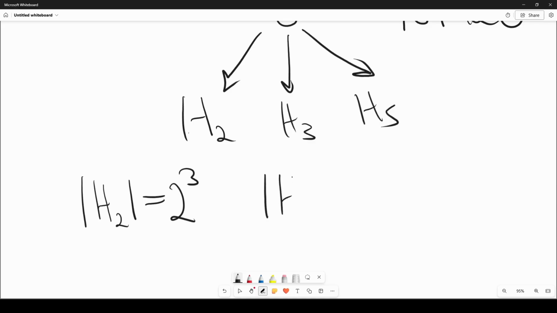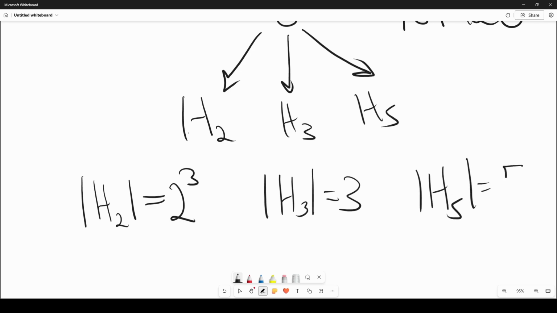The size of H3 could be 3, and the size of H5 could be 5. Now, to be fair, for this example, from Cauchy's theorem, we actually already know that H3 and H5 exist, because we proved that if p divides the order of a group, then there's an element of order p. But we don't necessarily know that there's a subgroup H2 here in G.